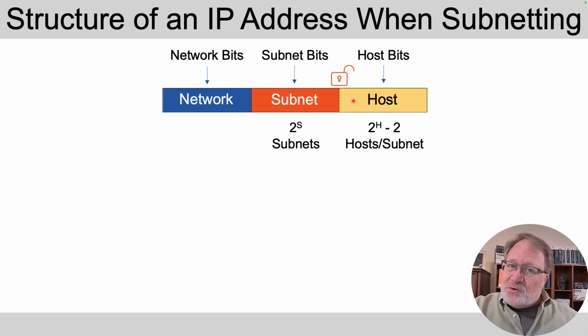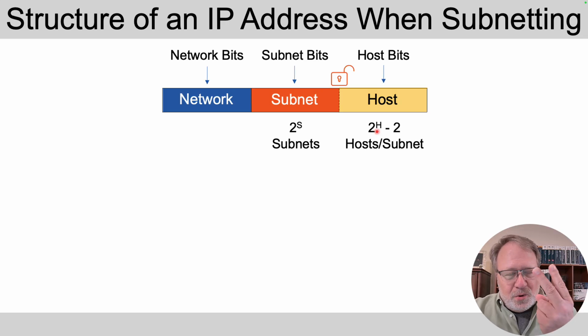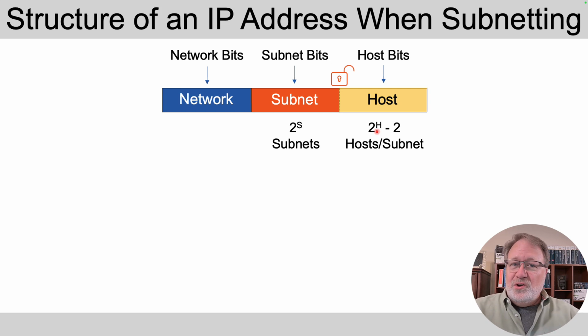Inside each individual subnet, the number of numbers in the subnet is 2 to the number of host bits, 2 to the 8th in this case, but 2 of those values are reserved and can't be used by a host, can't be used as an IP address. So the calculation of the number of usable addresses in a subnet is 2 to the h minus 2 for the 2 reserved addresses. So in this case, 8 host bits, 2 to the 8th minus 2 is 254.